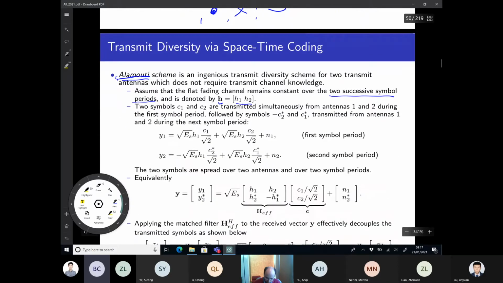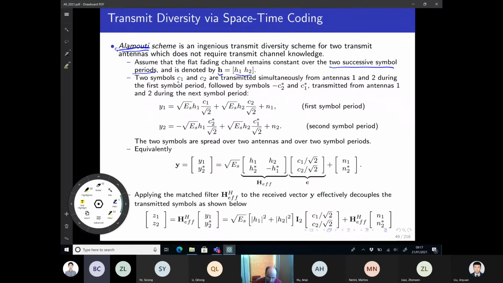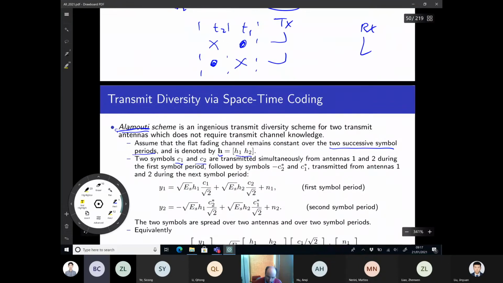So let's see how this works. At the first time instance, we transmit two symbols, C1 and C2. So instead of having those shapes, I'm going to transmit C1 and C2. Let me erase those for the time being. I transmit C1 from antenna 1 and C2 on antenna 2.